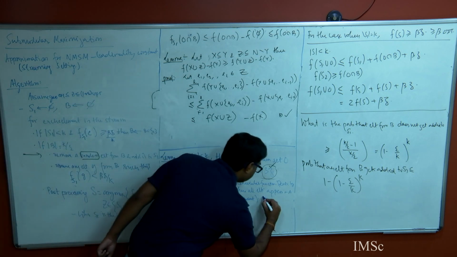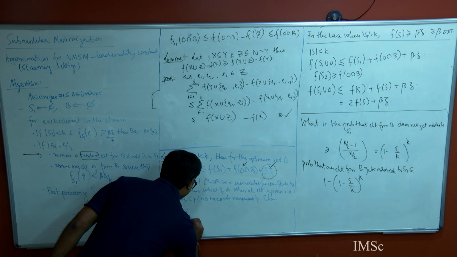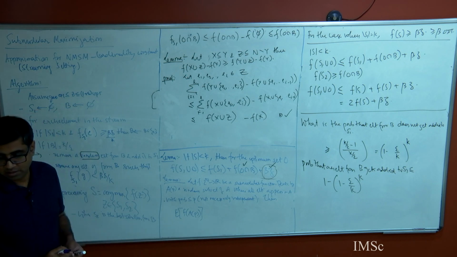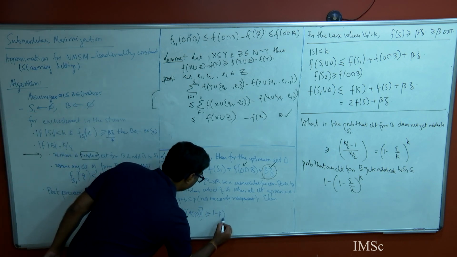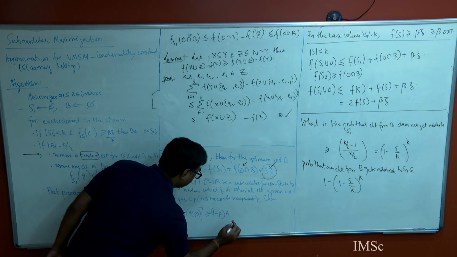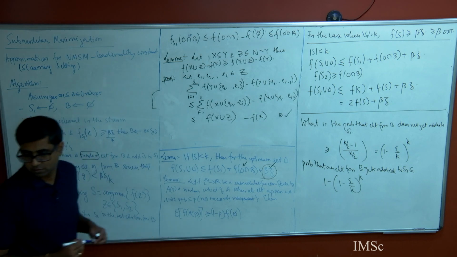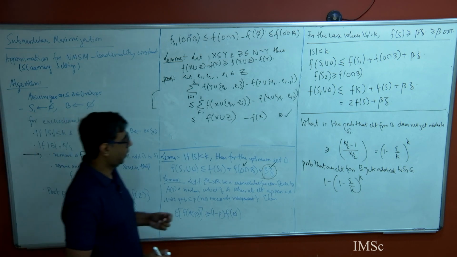Then we showed that the expectation of f of AP is at least 1 minus p times f of phi. Right? This is what we proved.